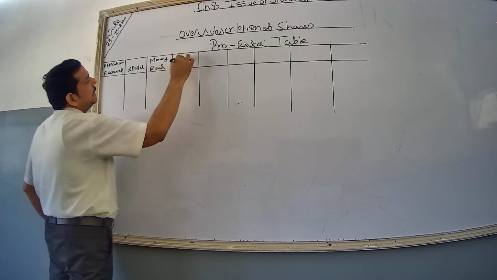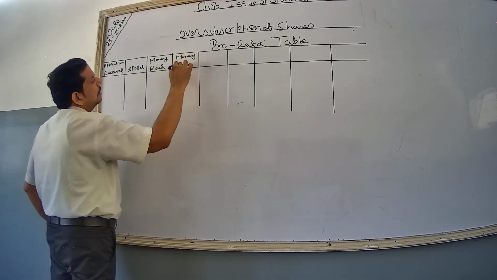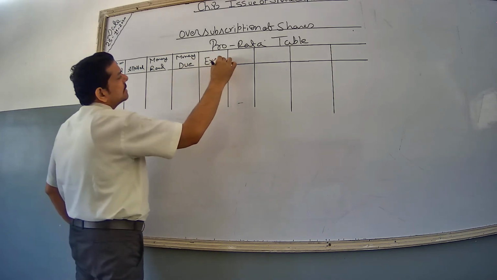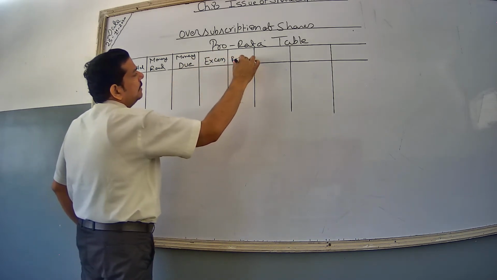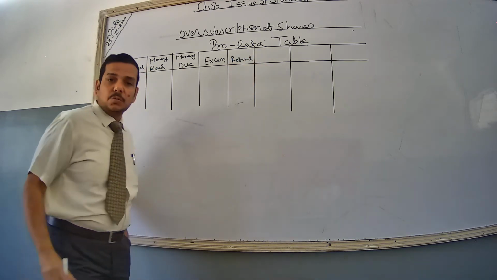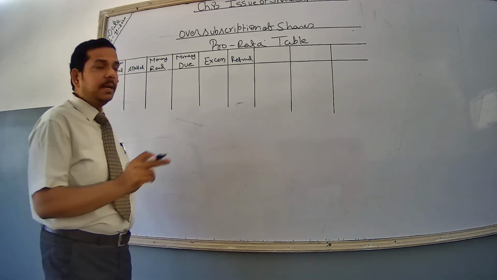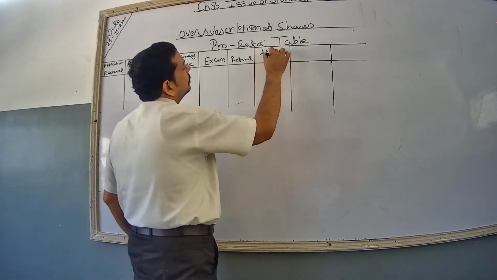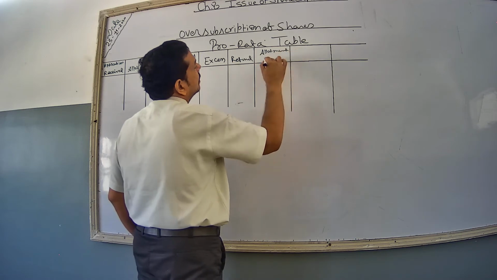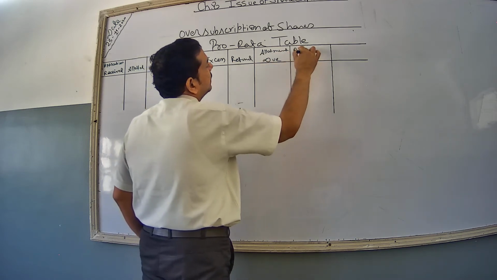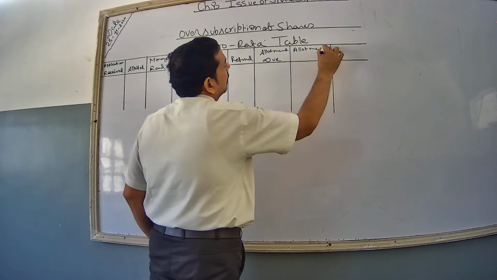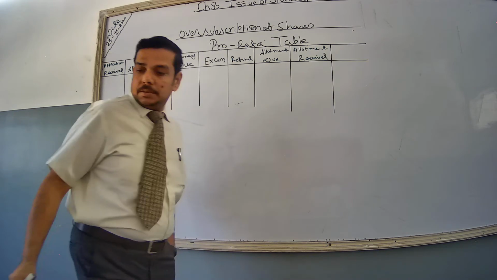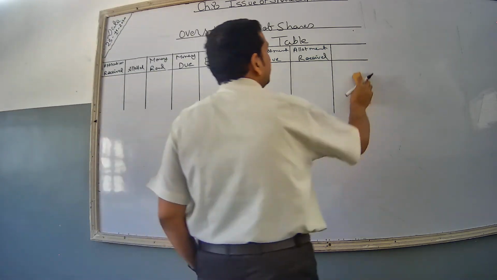Then money due. Received minus due will give you the excess. Then refund, because for the person to whom you are not making any allotment, you have to refund their money. Then allotment due and allotment received. There is no need of the last column.